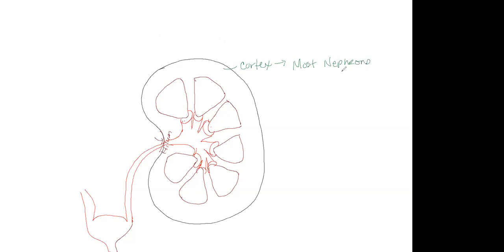And nephrons are the functional units of the kidney. So the cortex is this part here. I'm just going to put in some lines so that we know that this is the cortex.